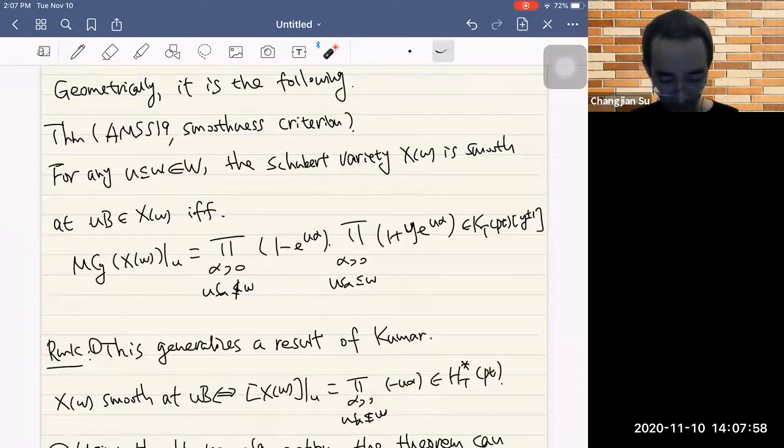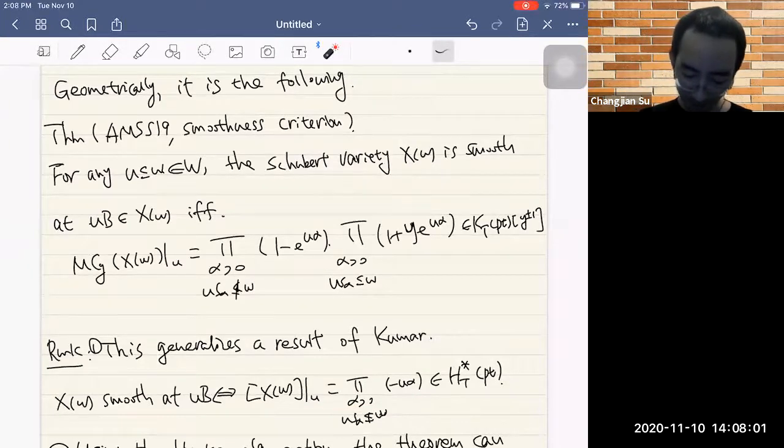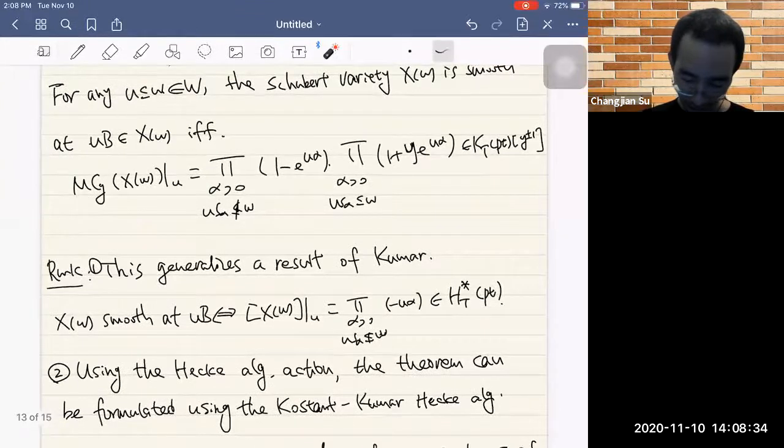This is useful because, recall, these classes are generated by the Hecke operators, and for the torus fixed points, this will be generated by the Weyl group actions, and this just says we can write everything in terms of algebra, just using the constant Kummer-Hecke algebra.